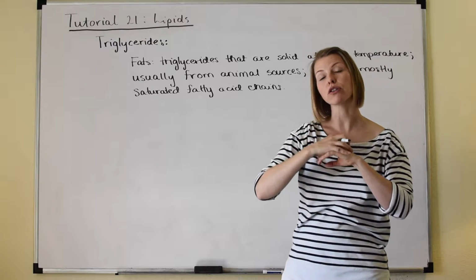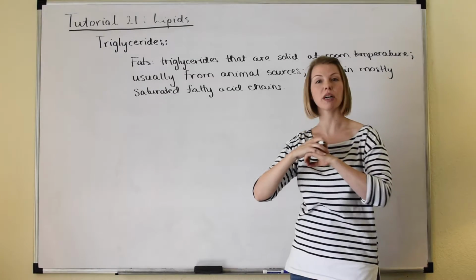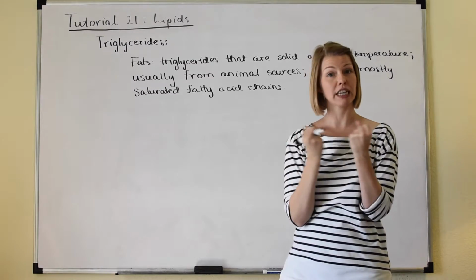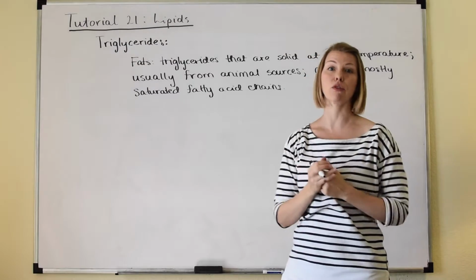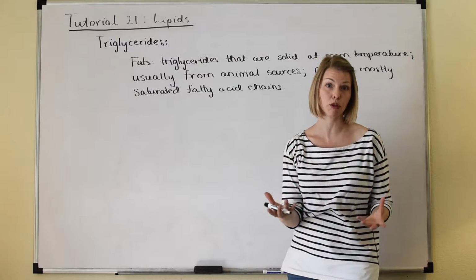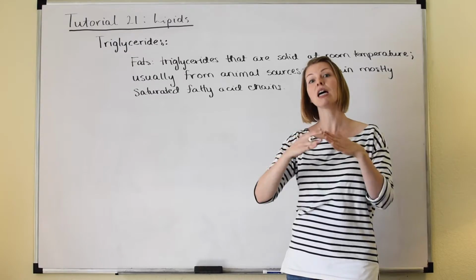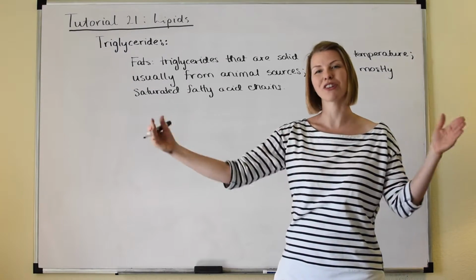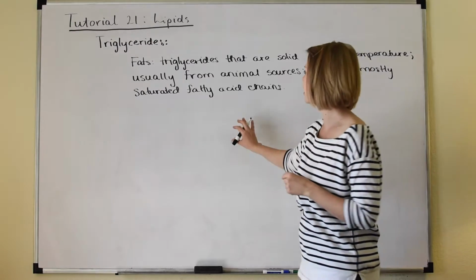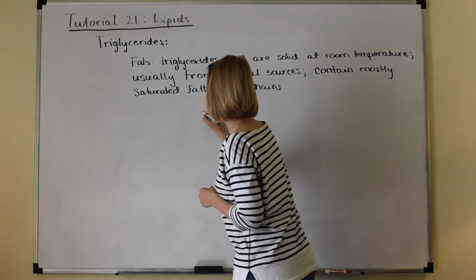And the closer those fatty acid chains are to one another, the stronger the intermolecular forces of attraction between them. And the intermolecular forces of attraction are going to be London dispersion forces, because we're talking about long hydrocarbon tails, nonpolar chains.